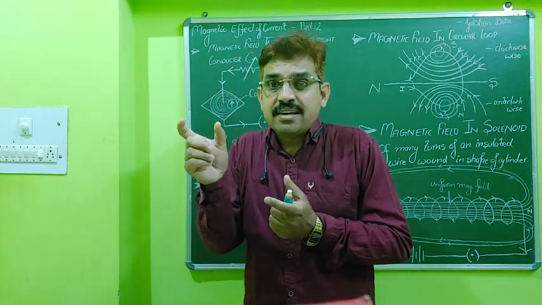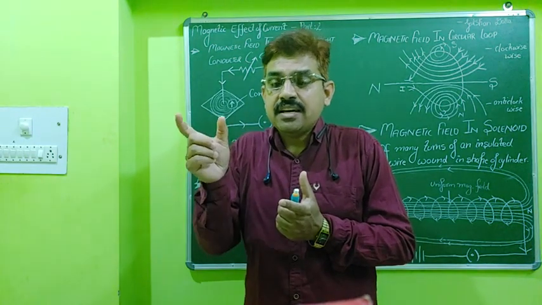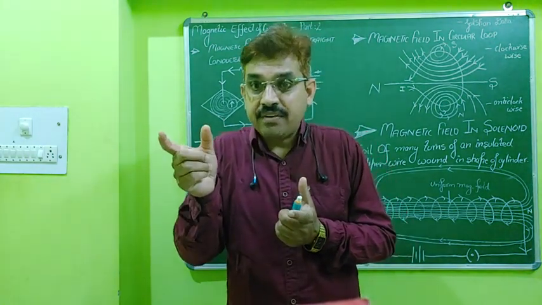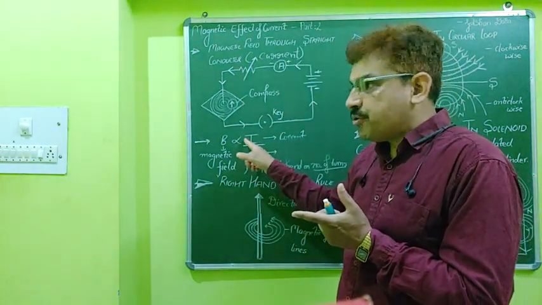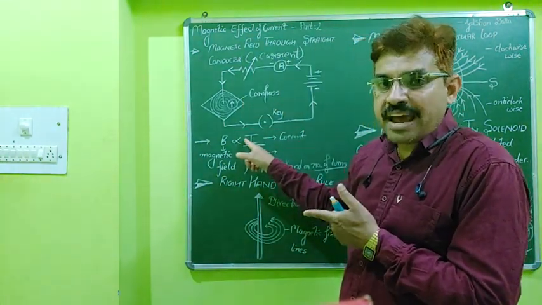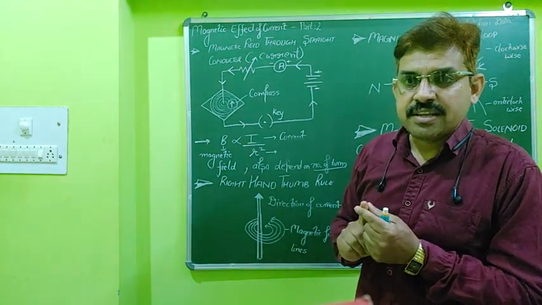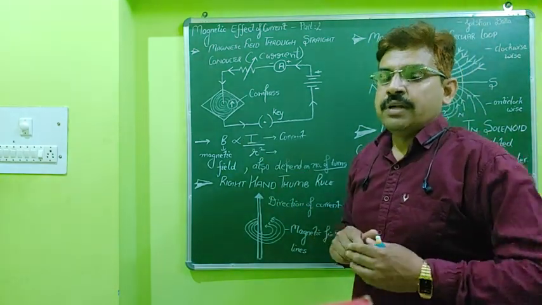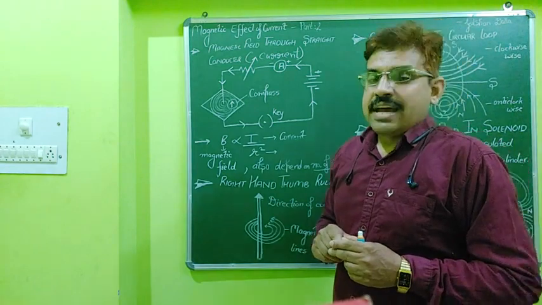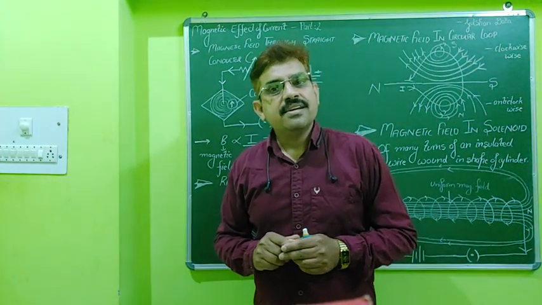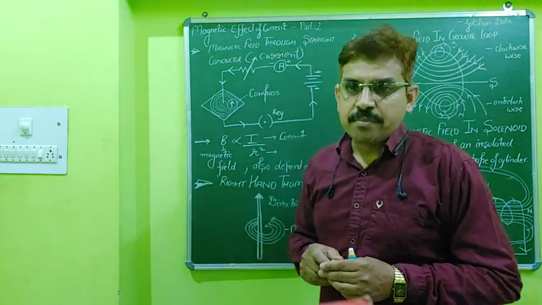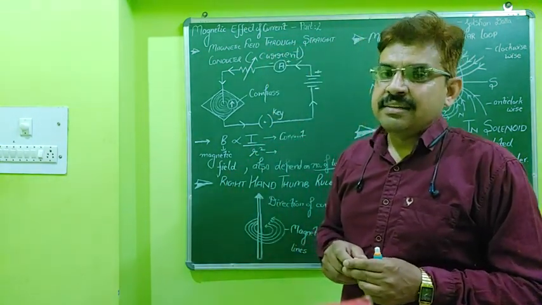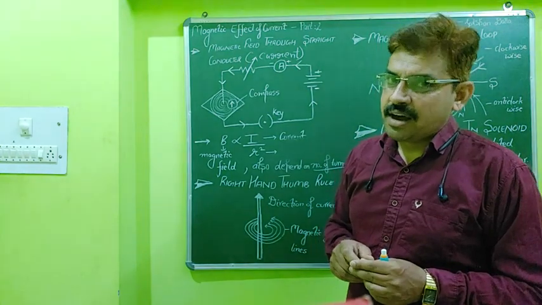If we are adding the current, it means we are adding the magnetic field, because both are proportional. I have to put N here. If I put N here, it means that the magnetic field strength will also increase. So we can say that as the current increases, the magnetic field will also increase, and if the number of turns increases, the magnetic field strength will also increase.